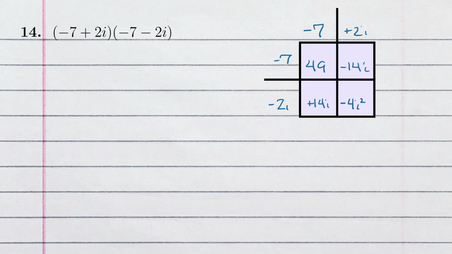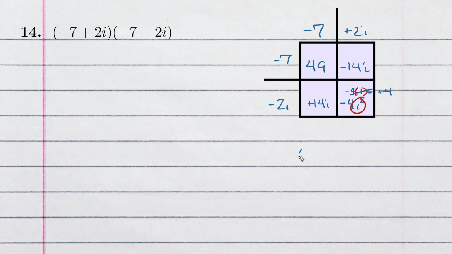And so that i squared becomes a negative 1. Negative 4 times negative 1 is going to equal a positive 4.